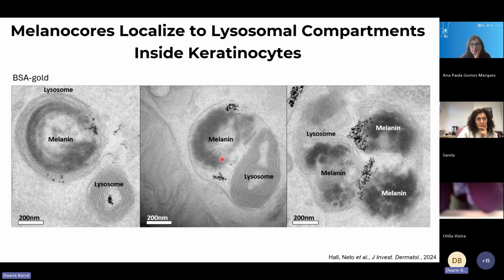Several examples of hydrolytically active lysosomes with this characteristic morphology, fusing with the melanin-containing compartment and forming the melanokerosome, the MKs that we saw previously. You see here several examples. This was an interesting thing to find, because this was not known. It was not known if they fused or not with lysosomes. There was some speculation, but these images clearly show that.